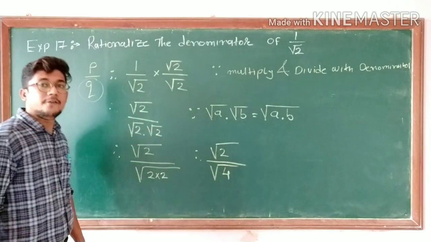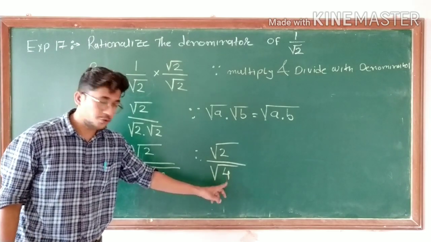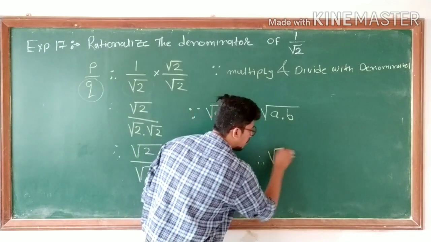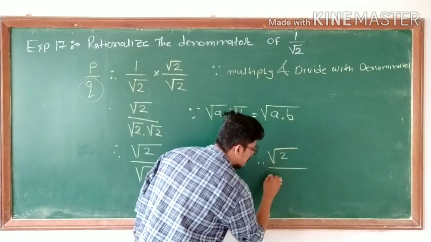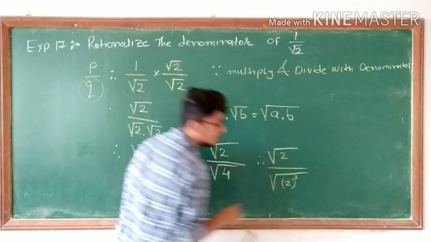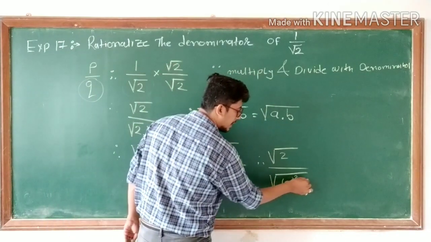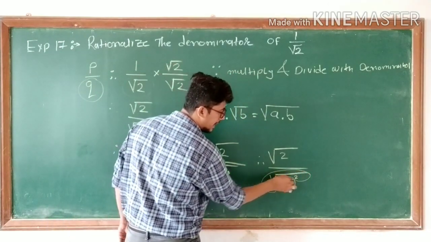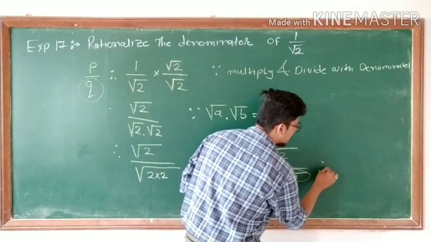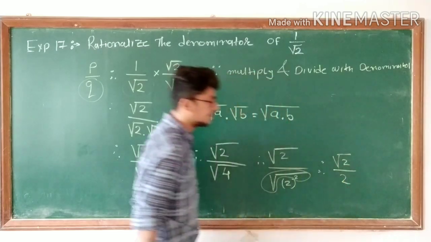We know that 4 is a perfect square. Perfect square of what? 2. So can we write this as square root of 2 upon square root of 2 to the whole square? You know that square and square root will get cancelled. So can we write this as square root of 2 upon 2?